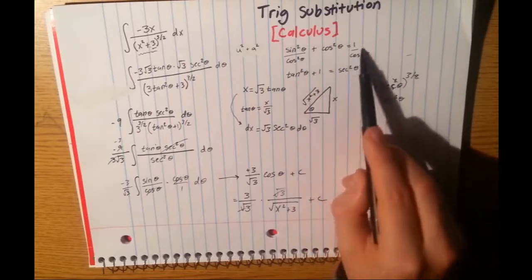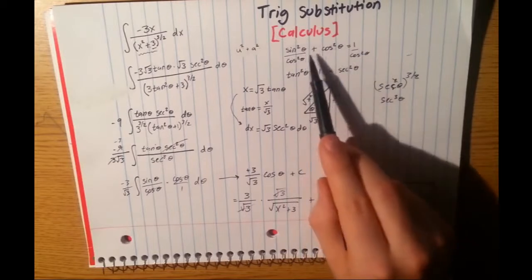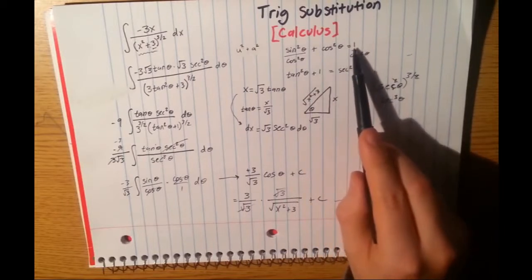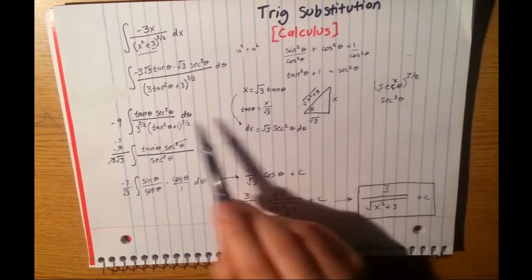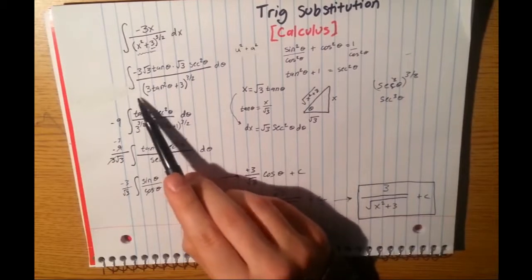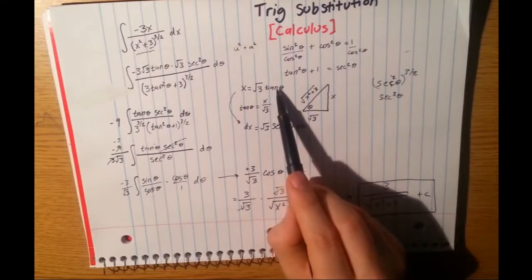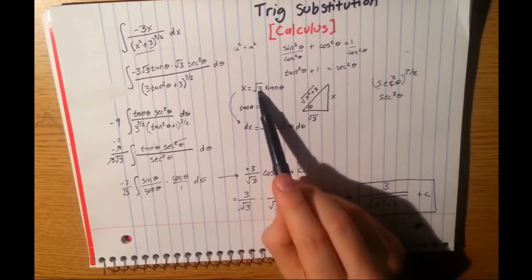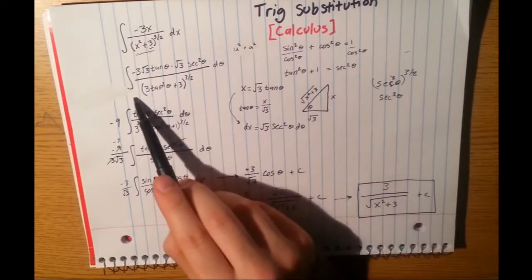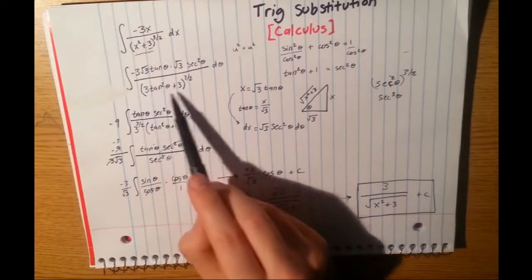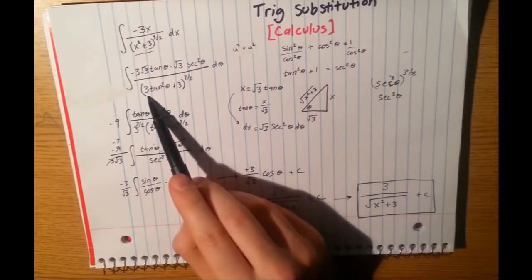We always start from our normal trig identity, sine squared plus cos squared equals 1. After that, we had to create some sort of fudge factor so we could factor out the 3. We did that by saying x was equal to root 3 tan theta, so that when we squared it, we got a 3 that we could factor out of both of these terms.